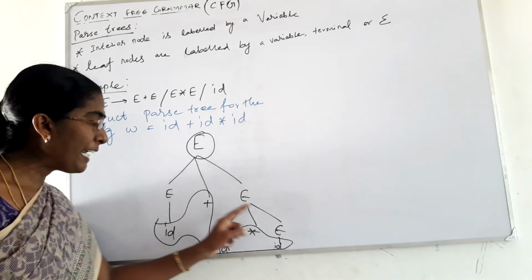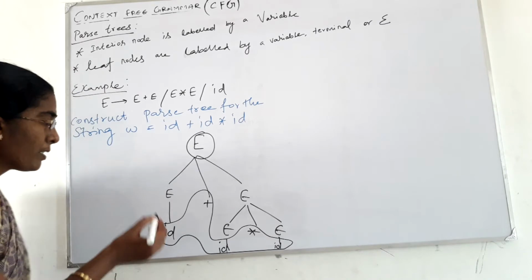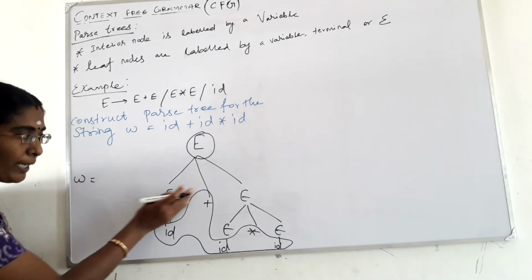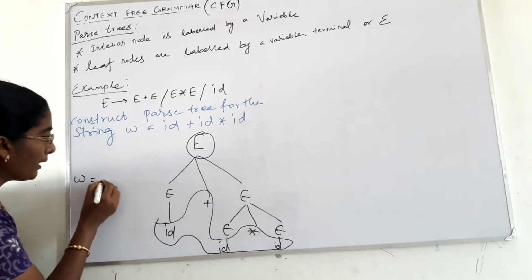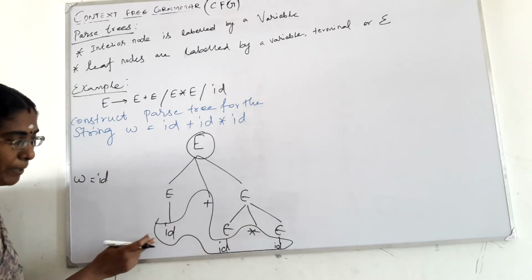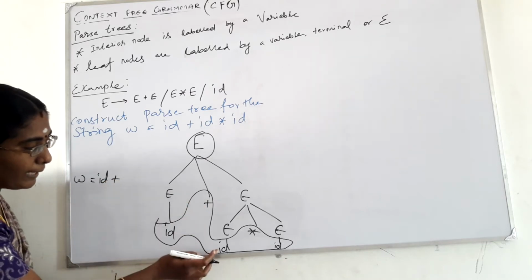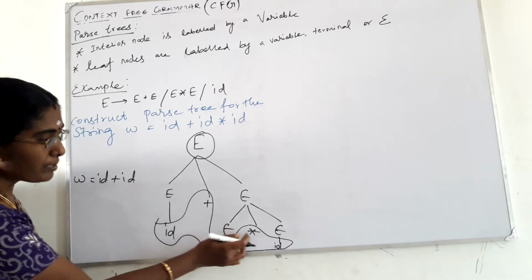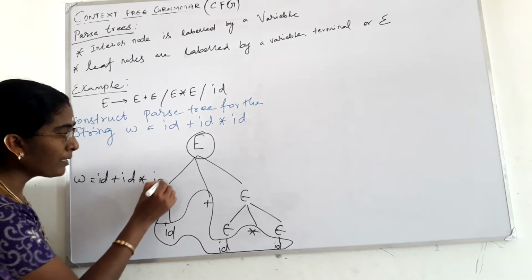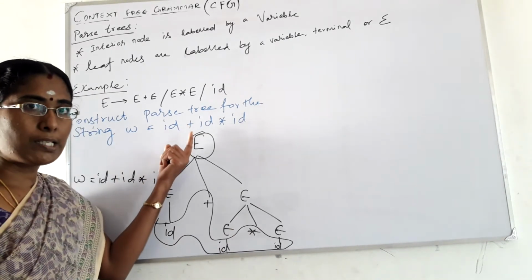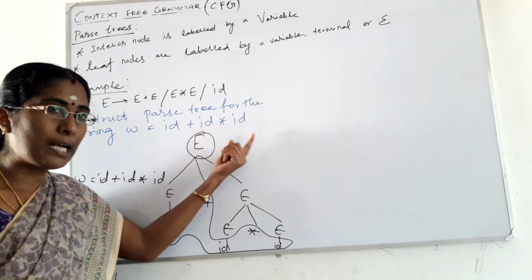Concatenating the leaf nodes from left to right, the first is ID, next plus, again ID, star, and at last again ID. This is the string. The required string is also ID plus ID star ID.